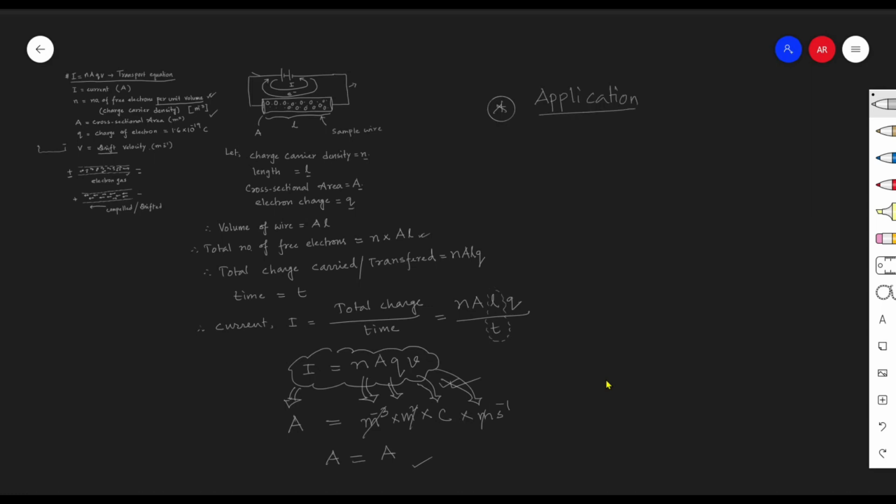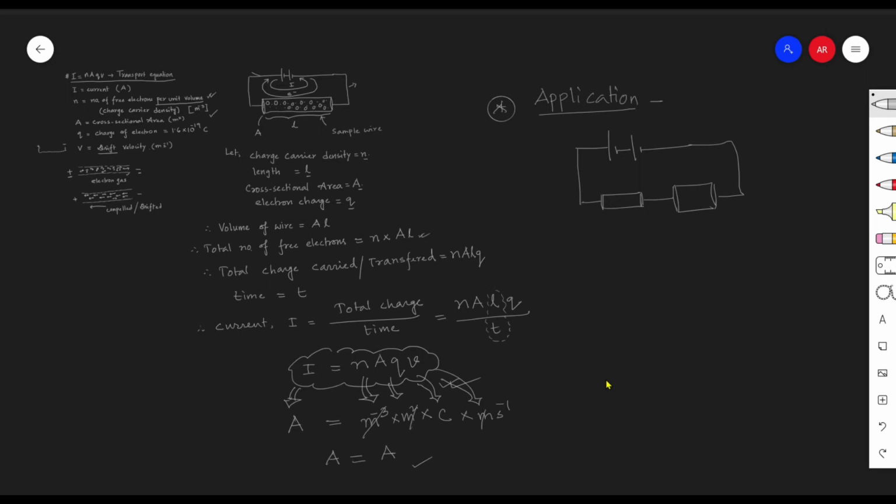I would like to mention two applications of this equation. One is when two wires of the same type are connected in series, one is thin and the other is thick.